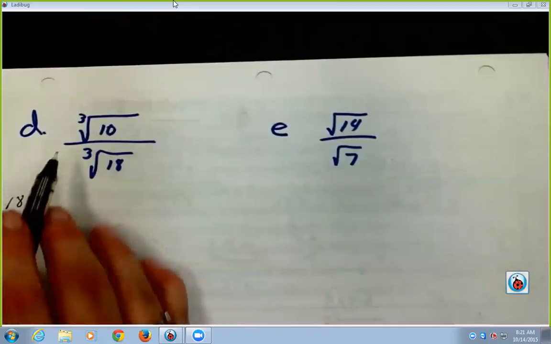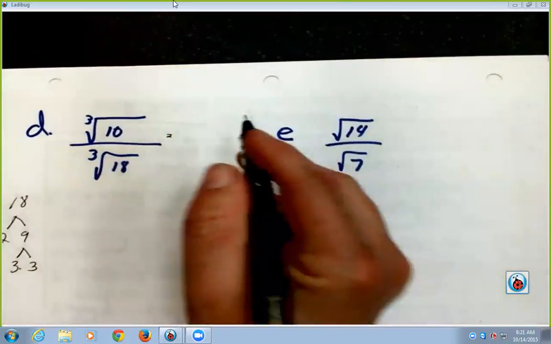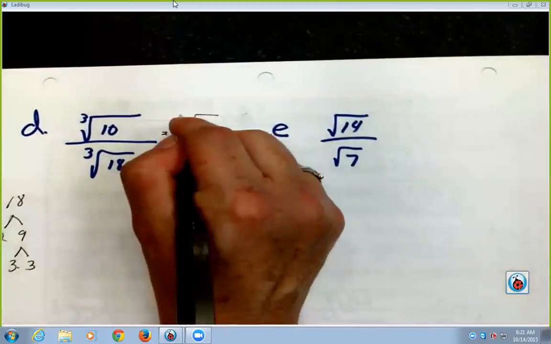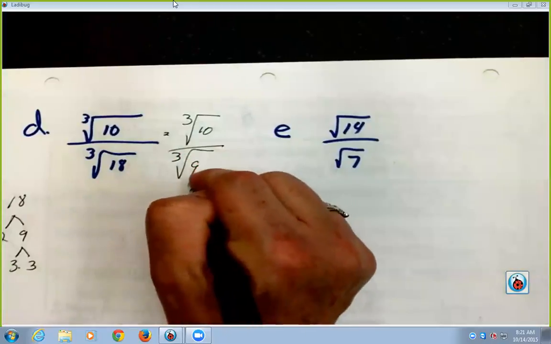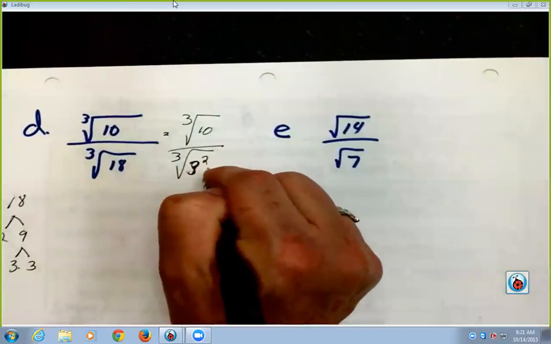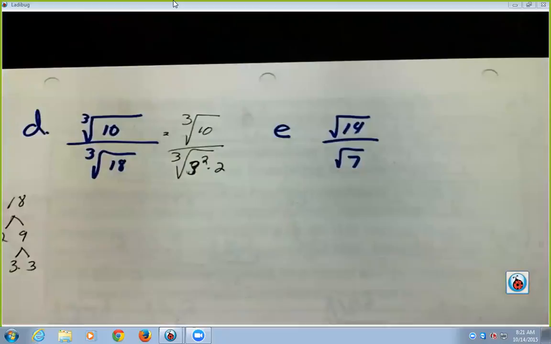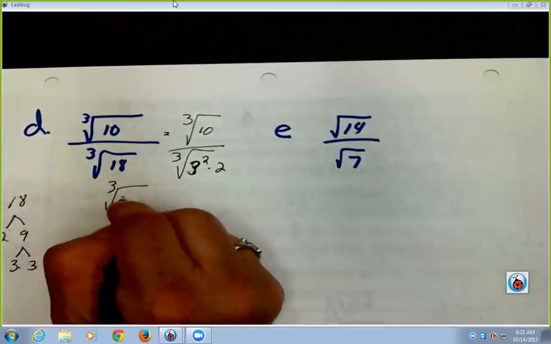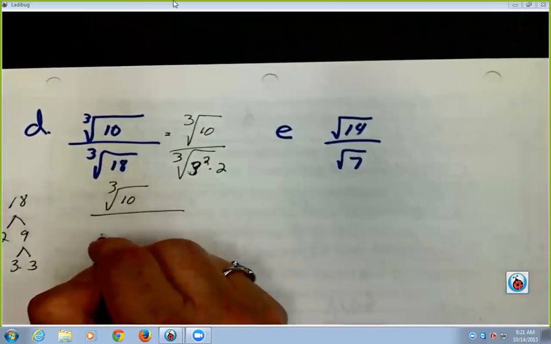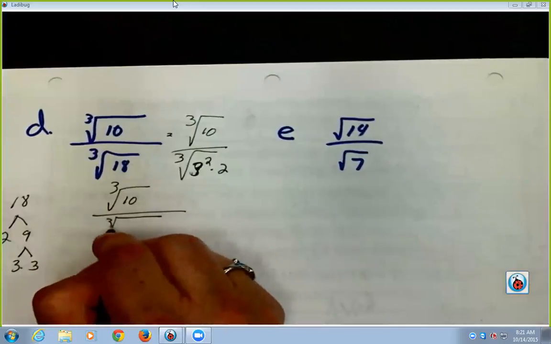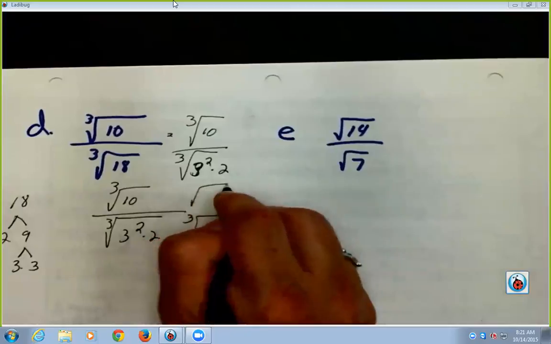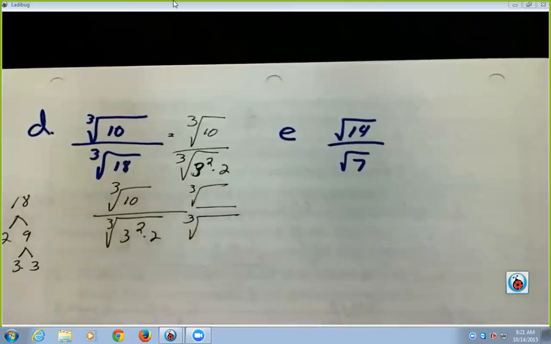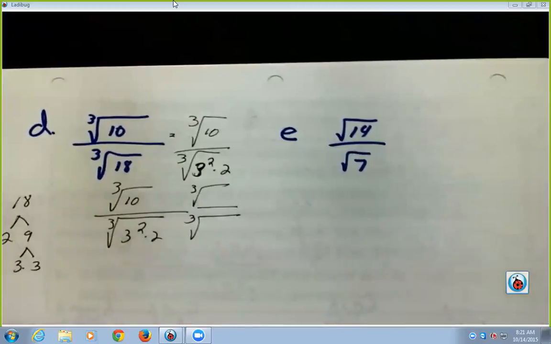Okay, so then if I take this piece, I'm going to end up with the cube root of 10 all over the cube root of 3 squared times 2. So what would I still need to multiply it by? So what would I have to put in this radical to make the bottom a perfect cube?